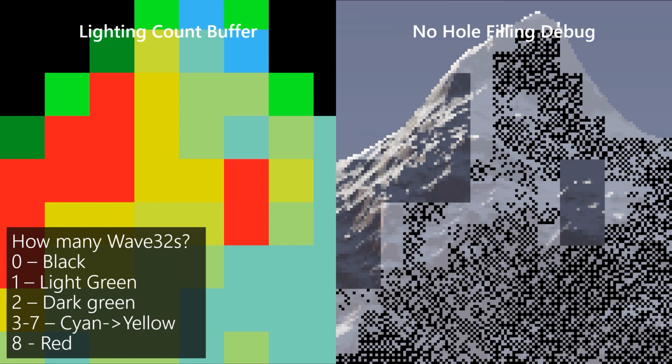If a tile is sparse lit, so some pixels are lit and some pixels are not, the lit pixels are oversaturated, so they're brighter, and then the pixels we didn't light in this debug mode are black, and these would have received a copy from a neighboring pixel.